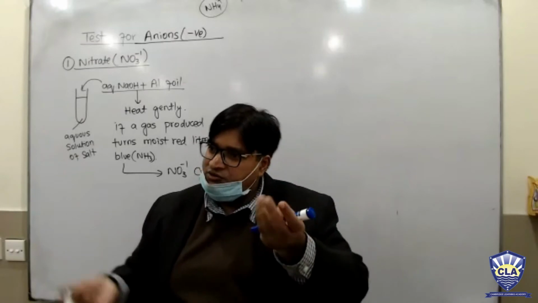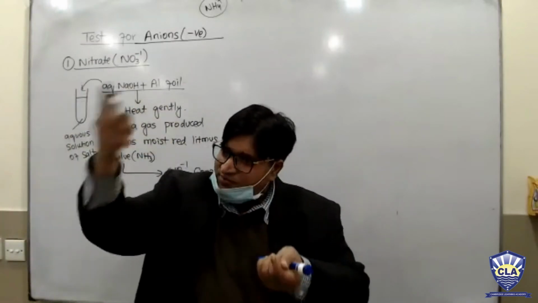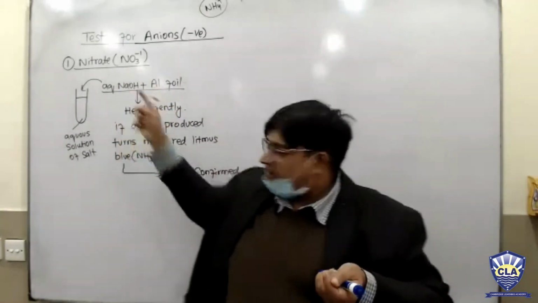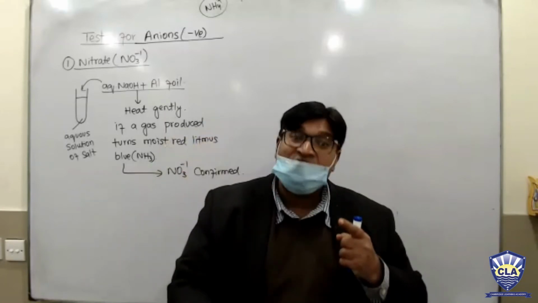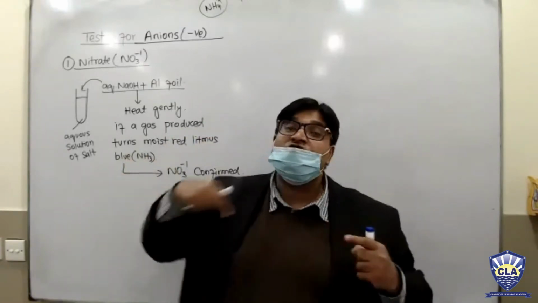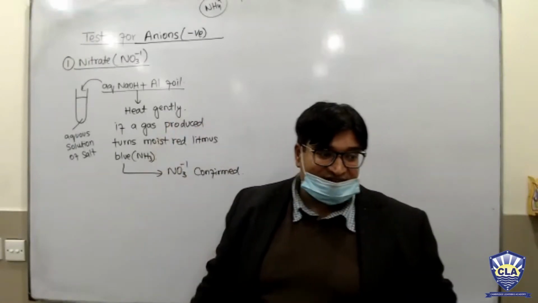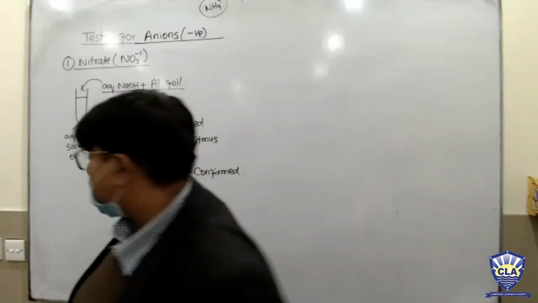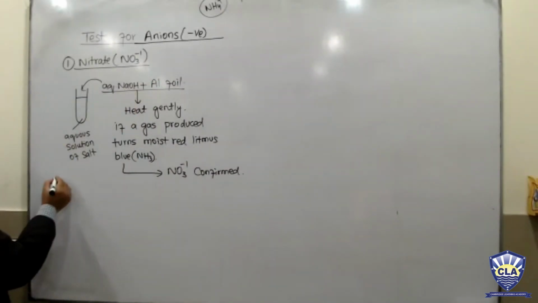In ammonium, you just add sodium hydroxide, heat, and ammonia gas is produced. For nitrate, you add sodium hydroxide and aluminium foil and then heat it, and ammonia is produced. You got it? You should know both of them. So this is your first test, the nitrate test.